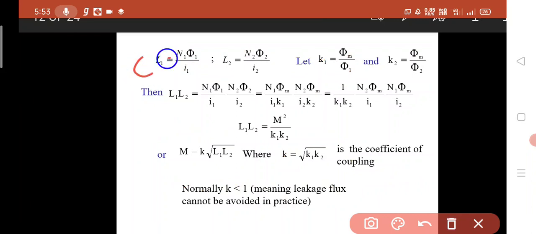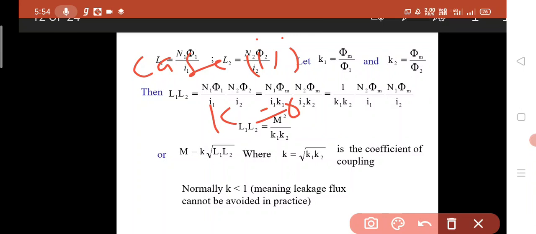So next, case 2. If the flux produced by one coil does not link with the other, then K is equal to 0 and the coils are said to be loosely coupled or magnetically isolated.